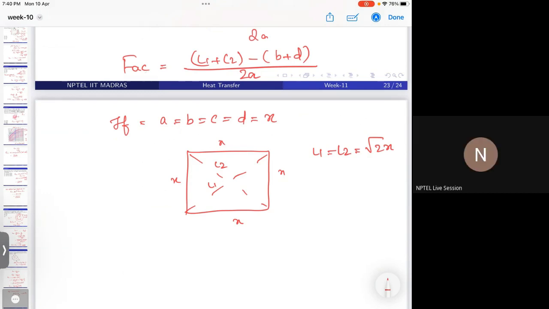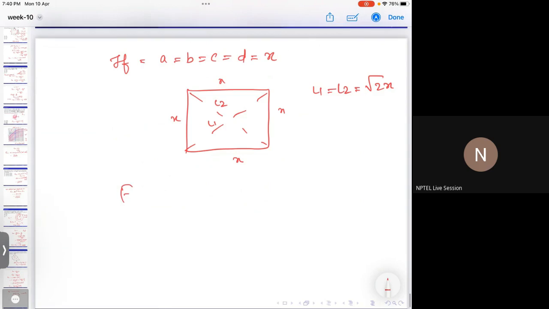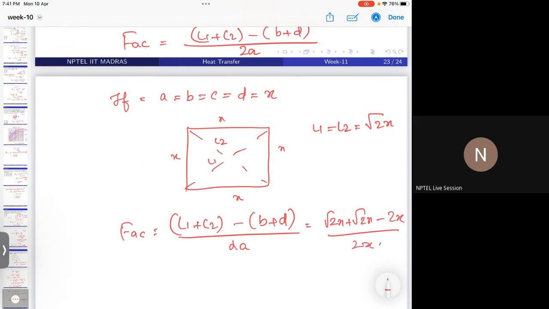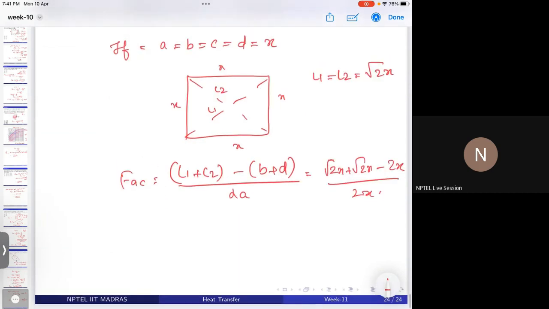Next, just substitute this value. FAC is equal to (L1 plus L2 minus (B plus D)) divided by 2A. L1 plus L2 is root 2 x plus root 2 x, minus (x plus x), which is 2x, divided by 2x. Which is equal to (2 root 2 x minus 2x) divided by 2x, which is equal to root 2 minus 1, which is equal to 0.414.